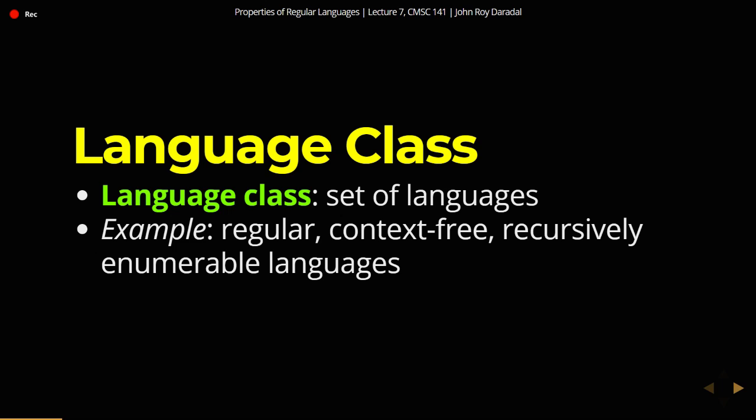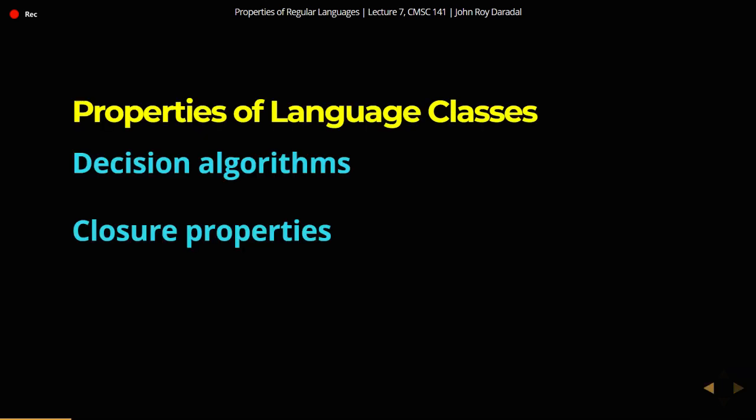But these three are called language classes because they're just a set of languages. Okay? And for each language class, they have something called a set of decision algorithms and closure properties. So for today, we will discuss the decision algorithms and closure properties of the regular language class.